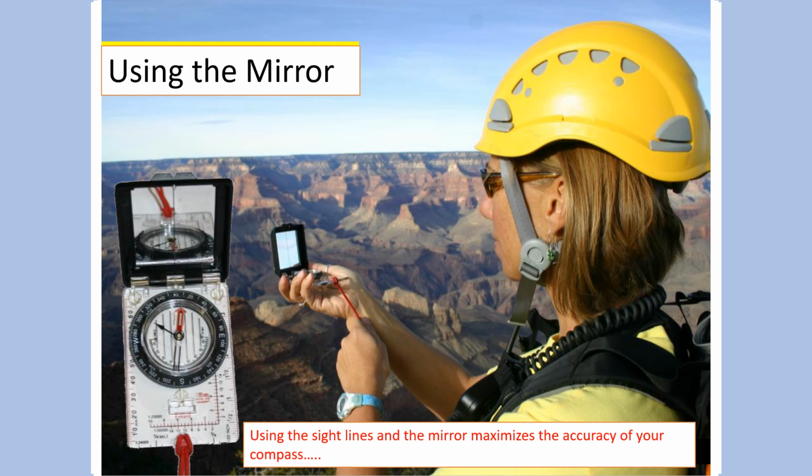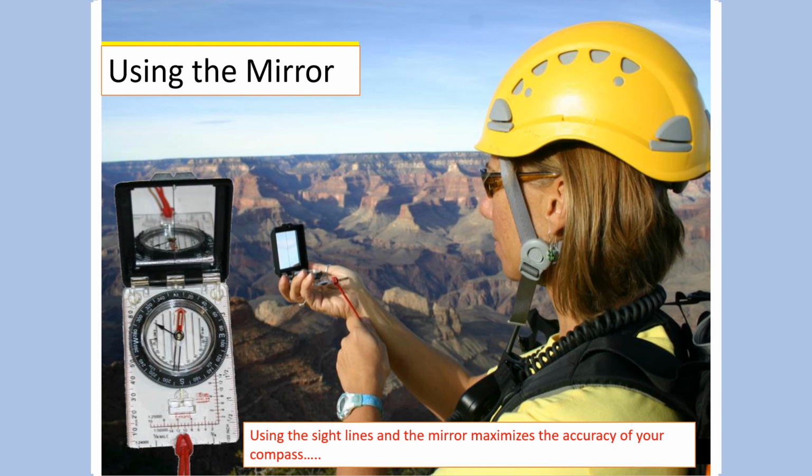The compass should be opened so that the mirror is 70 degrees or less to the base plate, so you can see the magnetic needle and the sighting line in the mirror. Be sure to align the sighting line with the index pointer and the pivot of the magnetic needle.